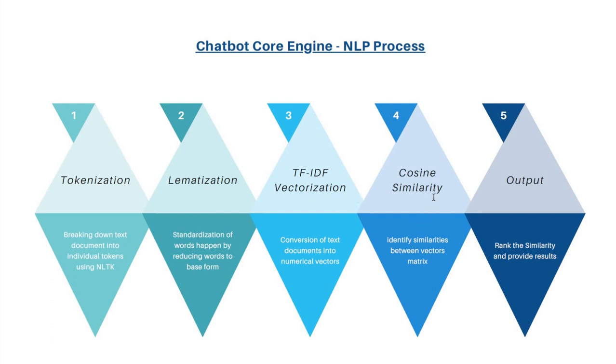The last stage is the output. It's ranking based. For example, when we ask for the World Cup event organized by, there could be 3 similar documents, so we rank them to the nearest match and give the output. So these are the various stages involved in the chatbot core engine process.